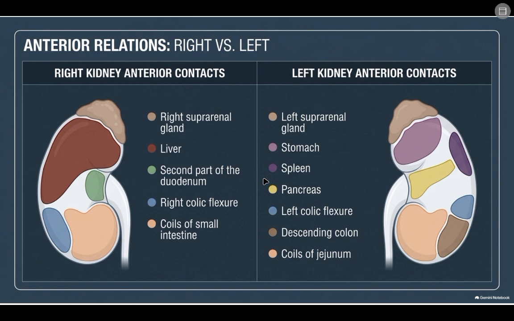So which other relations? Remember, we said the left kidney is higher than the right kidney. Why? For the accommodation of the liver. Due to that reason, the right kidney is related to the liver, while the left kidney is related to the stomach. Why?